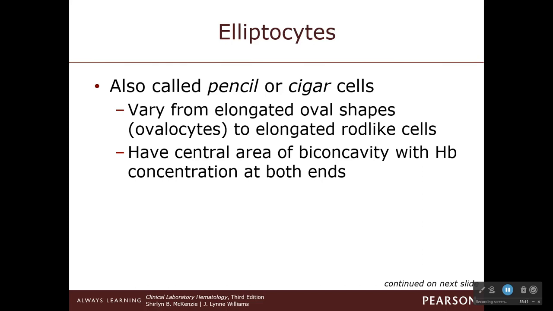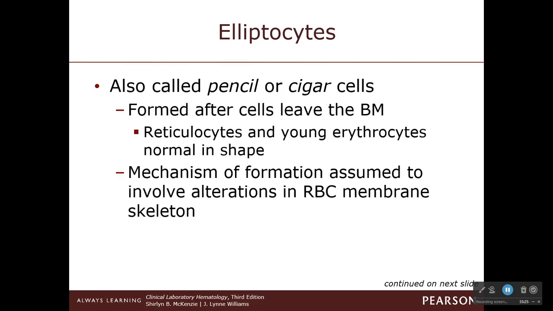Elliptocytes have elongated parallel sides. Okay? Whereas ovalocytes look like an oval. They look like an egg. Okay? And I'm going to show you. Okay? Also called pencil or cigar cells. All right? They're usually formed after cells leave the bone marrow as they're squeezing through those endothelial cell pores to get out into the bloodstream.